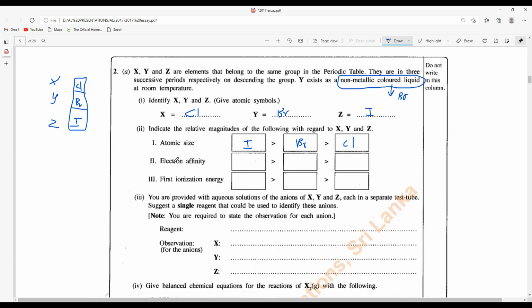Electron affinity means the ability to get an electron, right? So what do you think about this electron affinity? You have iodine, which is very large, bromine, which is a little bit lower in size, and chlorine, which is very low in size. If the size is very low, think about the attractive forces between the electron and the nucleus. It is very high, right?